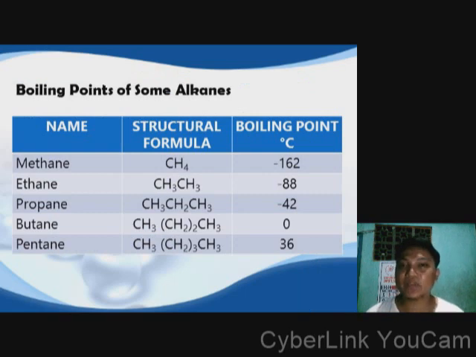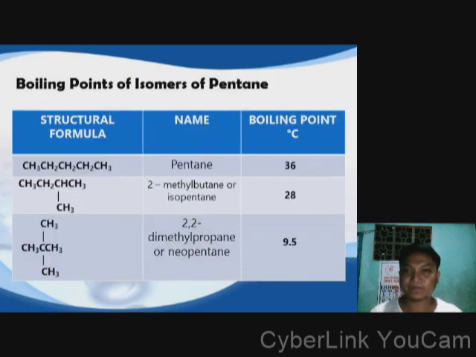Methane, yung boiling point niya is negative 162 degrees Celsius. Your ethane has negative 88. Your propane has negative 42. Your butane has 0. So, your pentane, of course, has 36 degrees Celsius. So, habang mas dumadami ang number of carbons na straight chain, tumataas din yung boiling point.